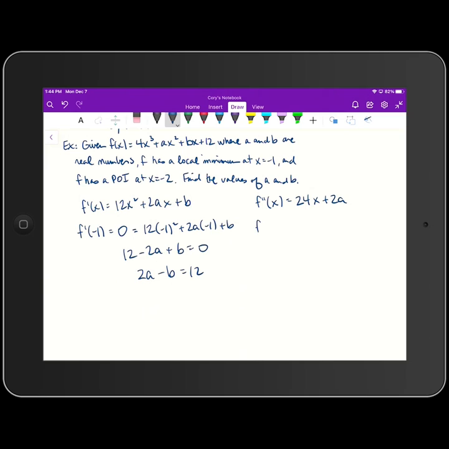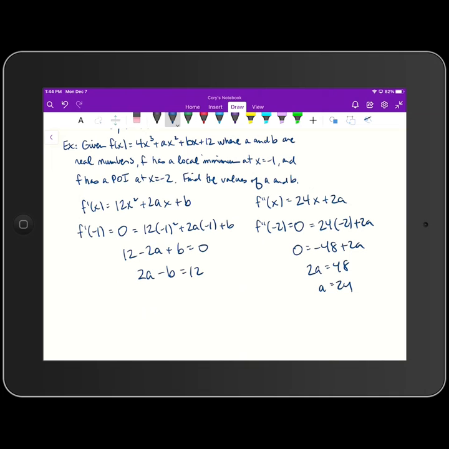So I'm going to set f double prime of -2 equal to 0, plugging -2 in the place of x. We get 0 equal to -48 plus 2a, which means that 2a is equal to 48, and a is equal to 24.